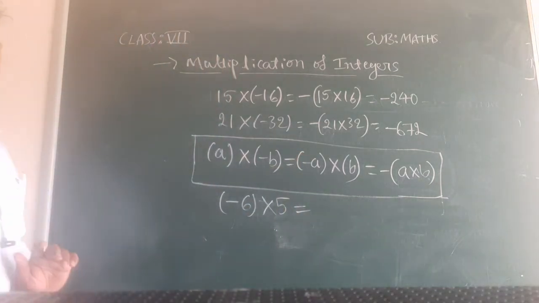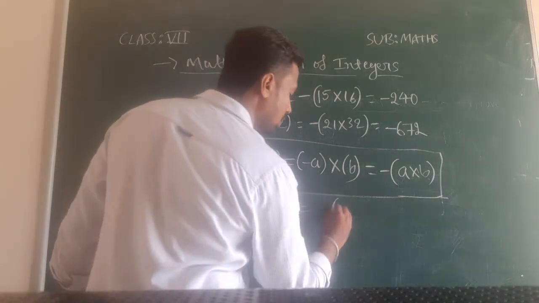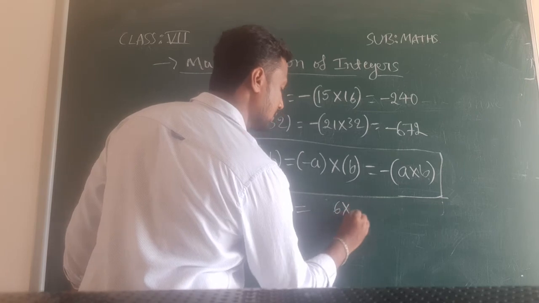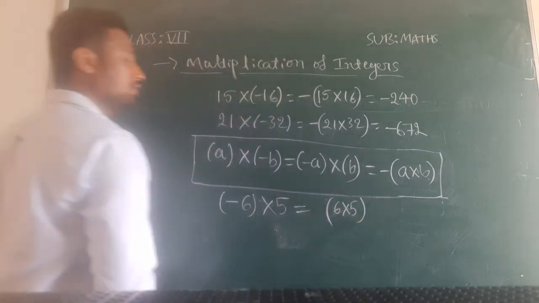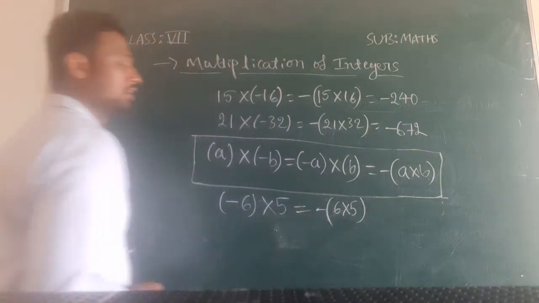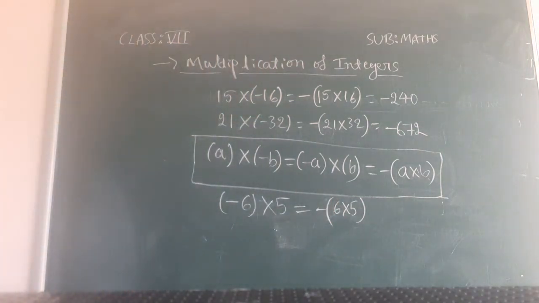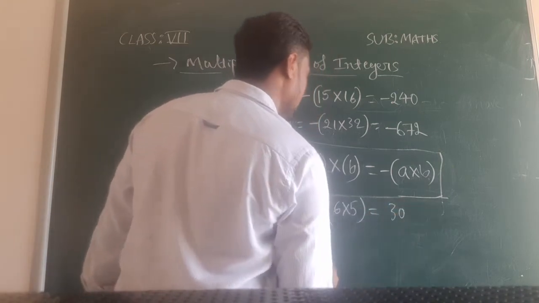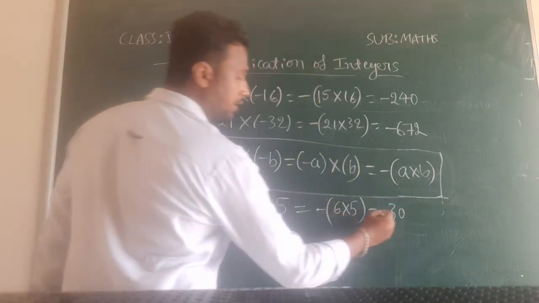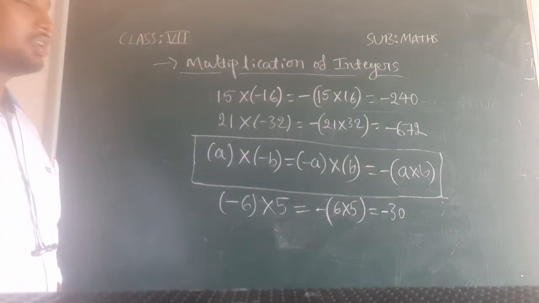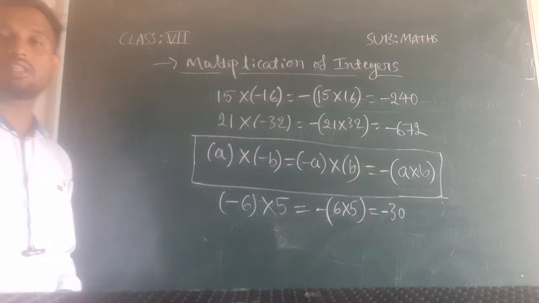In this case also we will do the same thing, that is 6 into 5. First we will multiply the numbers and outside the bracket we will consider the minus sign. So 6 into 5 means we will get 30, and outside this bracket we have minus. So what we got? Minus 30.